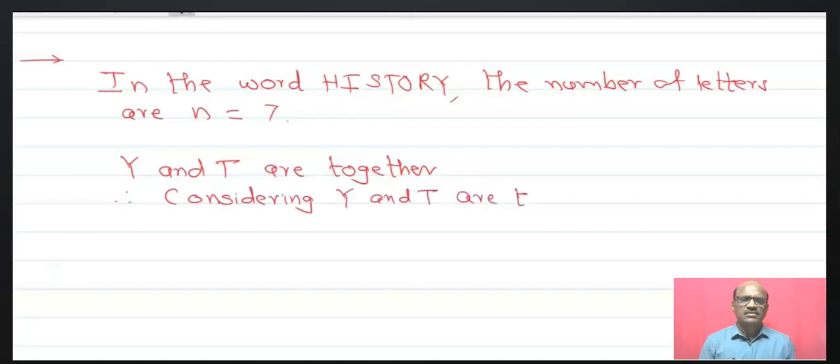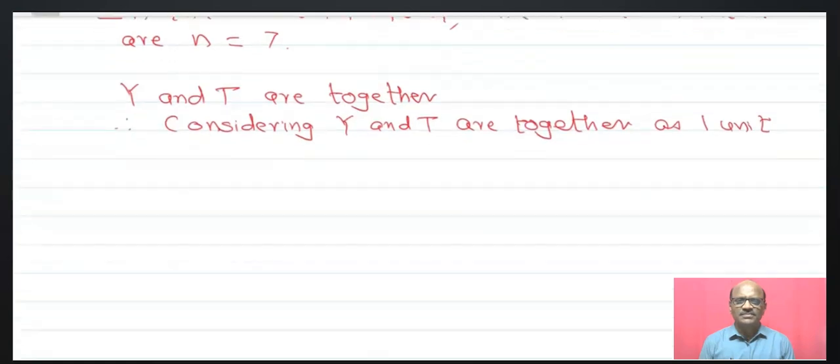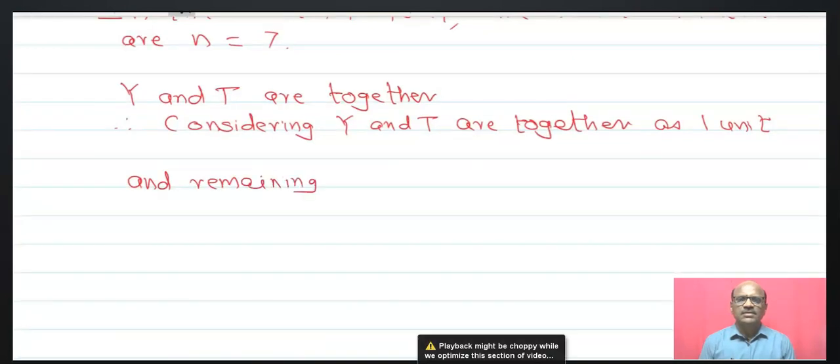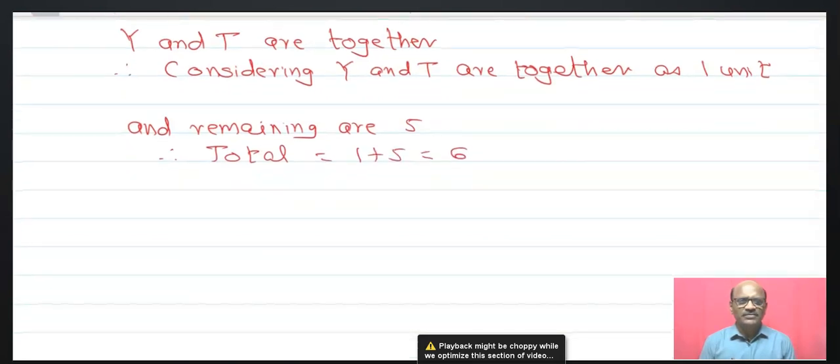Considering Y and T as one unit, and the remaining are 5. Total is equal to 1 plus 5, that is equal to 6.